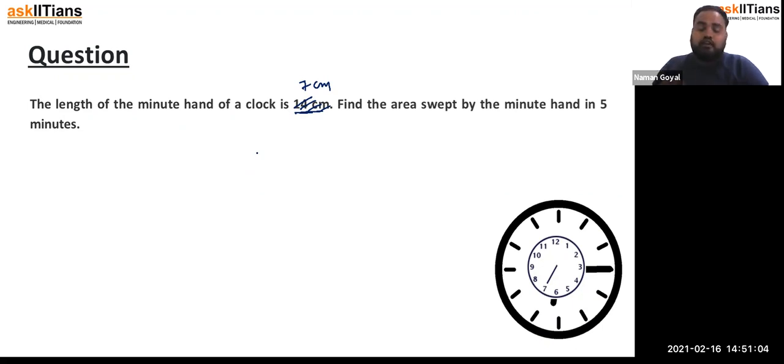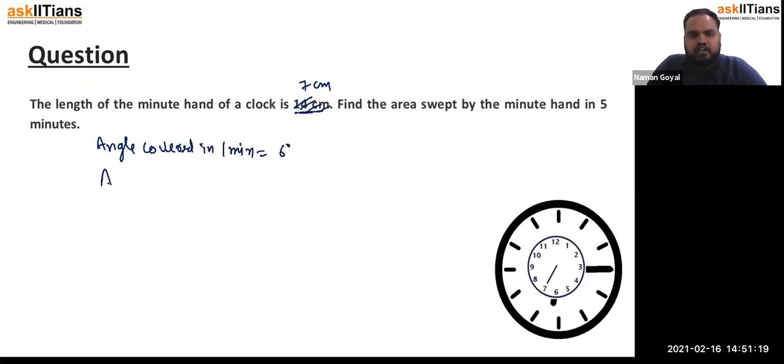As I know, the angle covered in 1 minute is 6 degree. So the angle covered in 5 minutes is 30 degree.